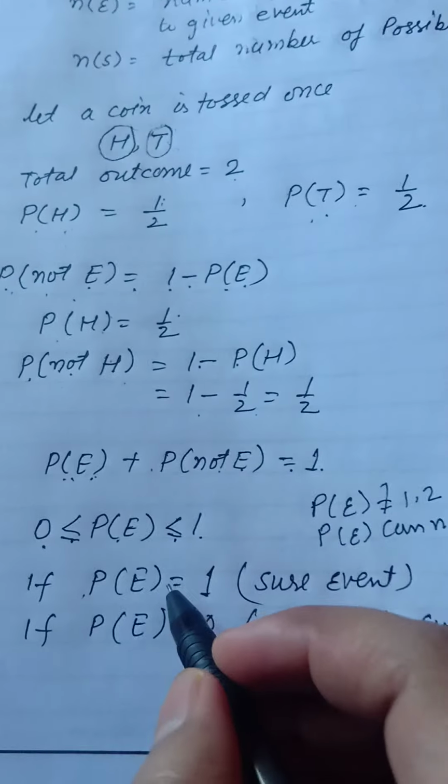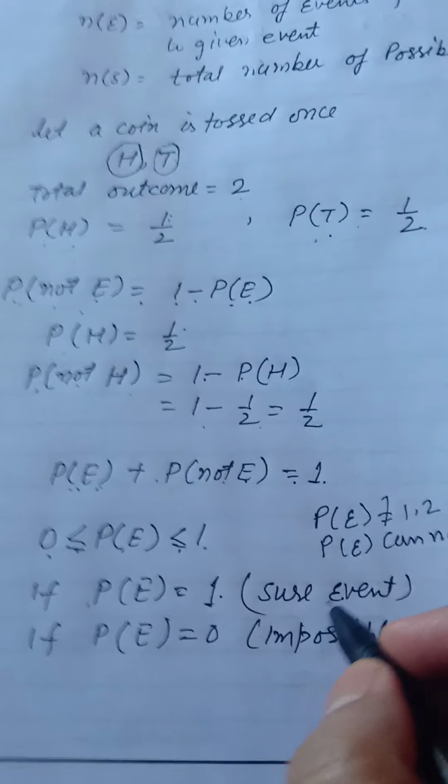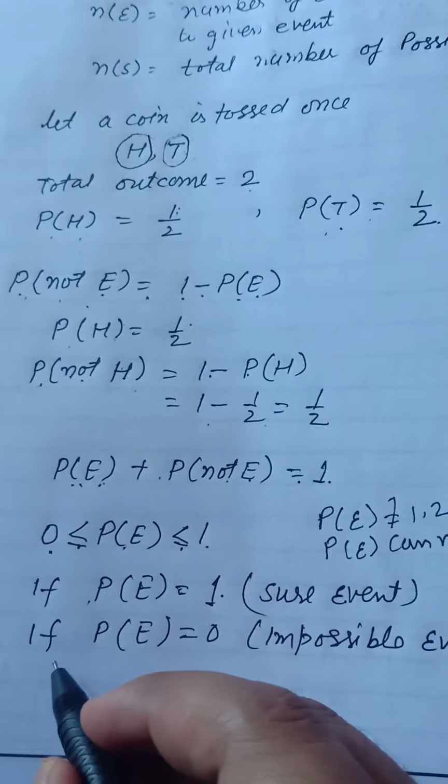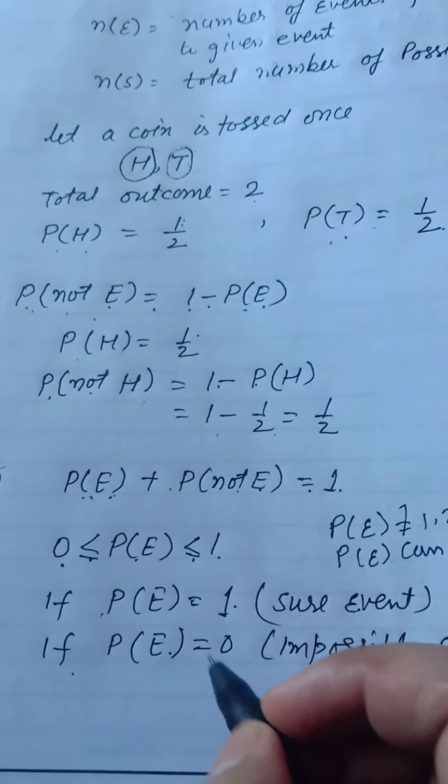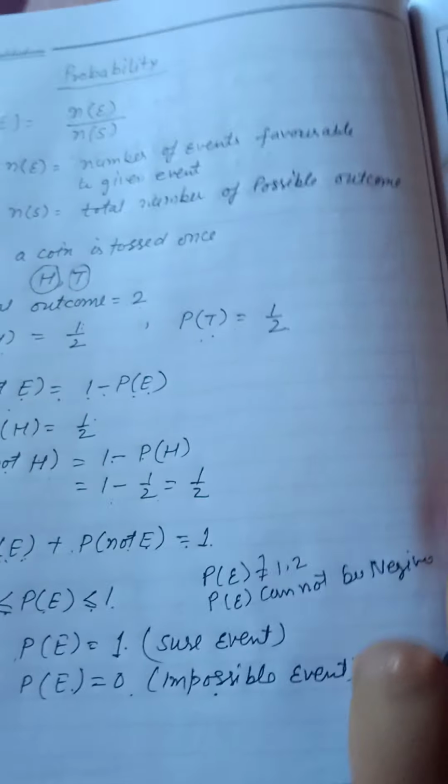If the probability of an event is 1, it is called a sure event. And if the probability of an event is 0, it is an impossible event, which means it cannot happen.